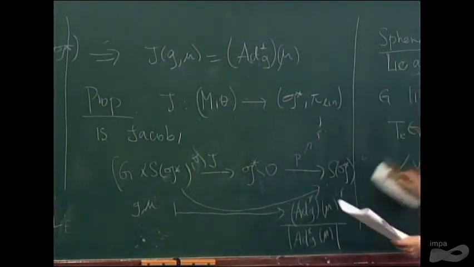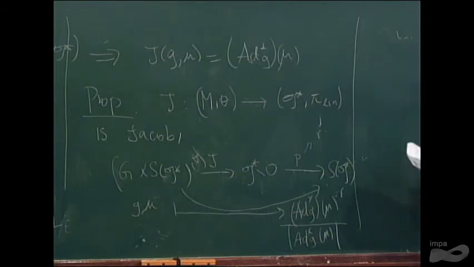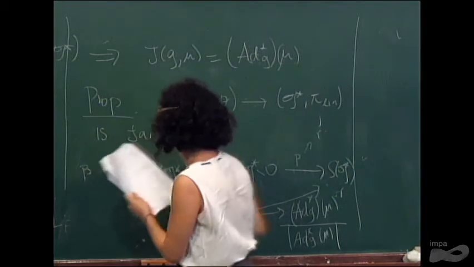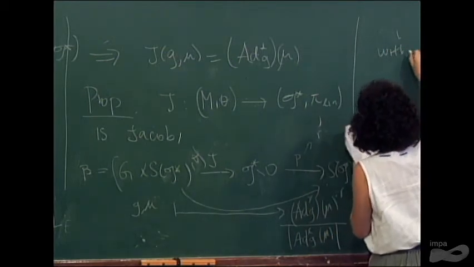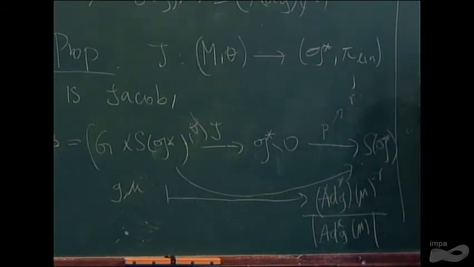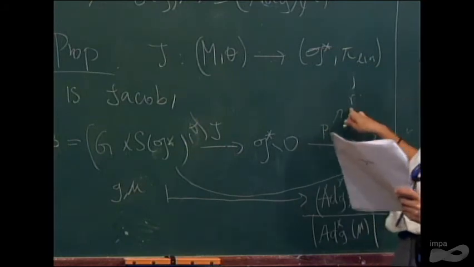Okay, so this is Jacobi with conformal factor. Let's call this map beta, so we remember. With conformal factor b equal to the pullback of the conformal factor of this one.